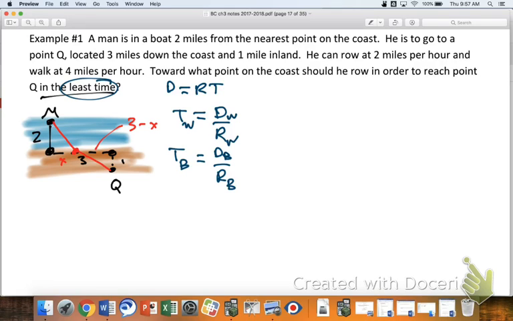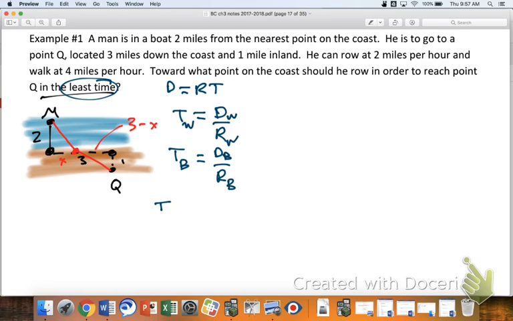And then if what I really want here, if I want to minimize his overall time, how could I write just a single equation for his overall time? TW plus TB. Yeah, the two different times added together. And I think you have a good idea what you're doing there too, Jeff. That's good. But I want an equation. I don't want a floaty expression.